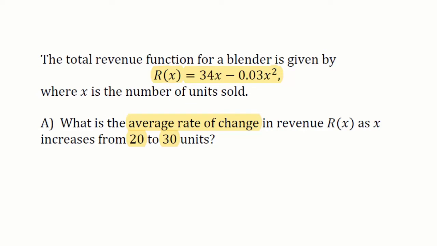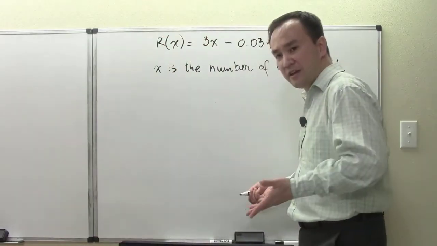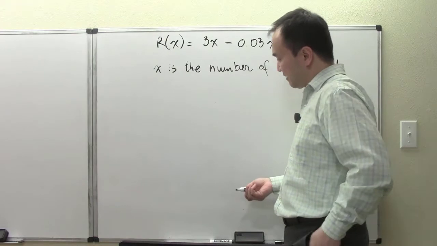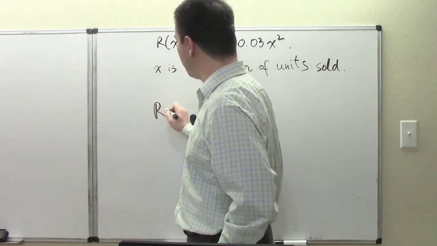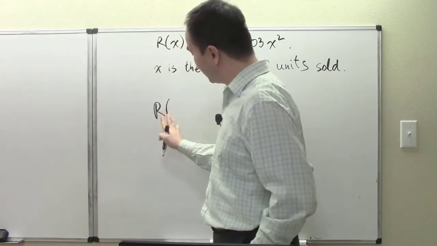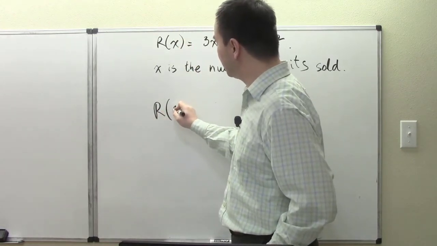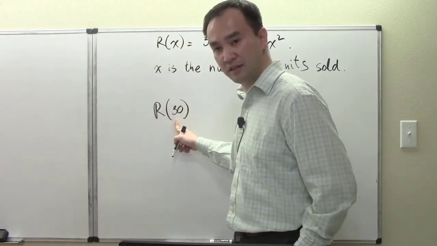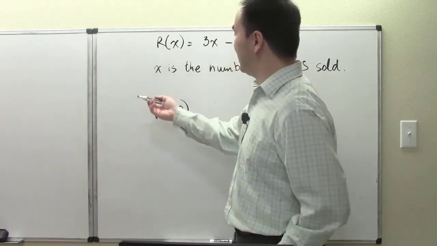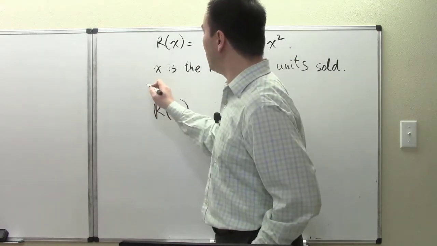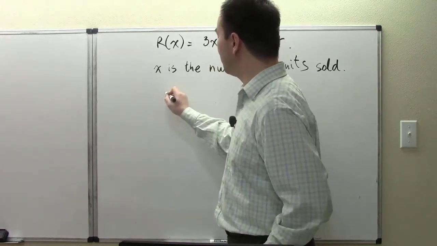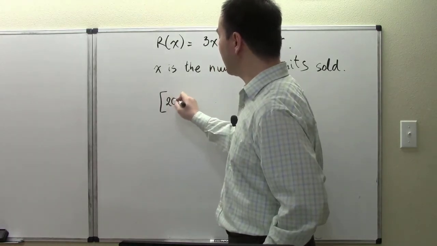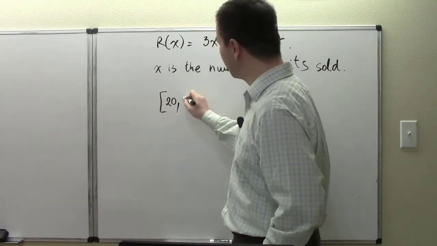That means, as simply as it can be, we are going to evaluate our final revenue, the revenue when you are selling 30 units. Of course, the interval you are given is from 20 to 30.